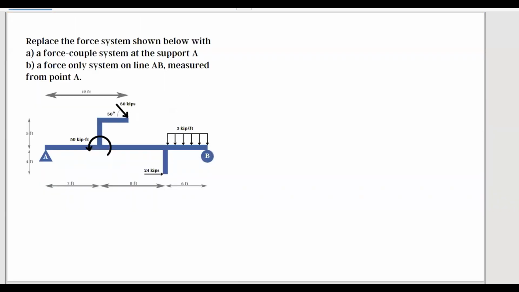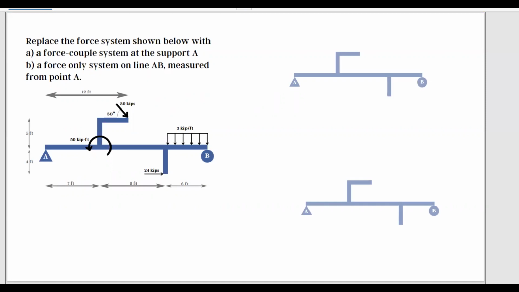Replace the force system shown below with a force-couple system at the support A, and B, a force-only system on line AB measured from point A. So we have two things to do today.